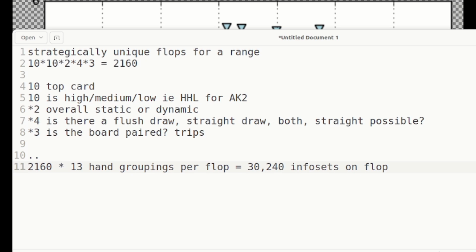And then there are the hands that fold once there's a jam over the top, and the hands that call. Already, just for that medium value range, you're at a whole bunch of groupings. So only having 13 for the entire flop is pretty crazy. Everything's just kind of merged together.